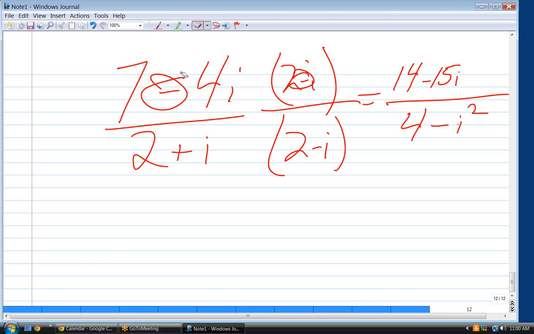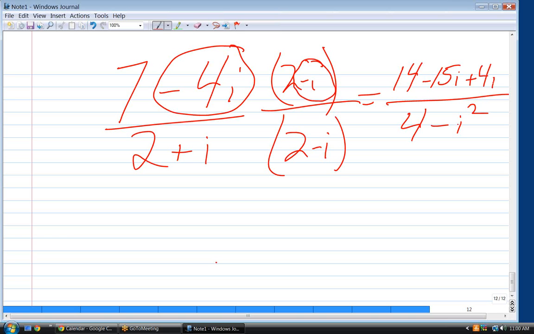I can see why you're making that mistake: you're getting ahead of yourself in your thought. You're already converting the i squared to a minus 1 before you get to that step. So make sure you multiply algebraically properly. That is plus 4i squared. Don't do the conversion to minus 1 until you're done with that step.